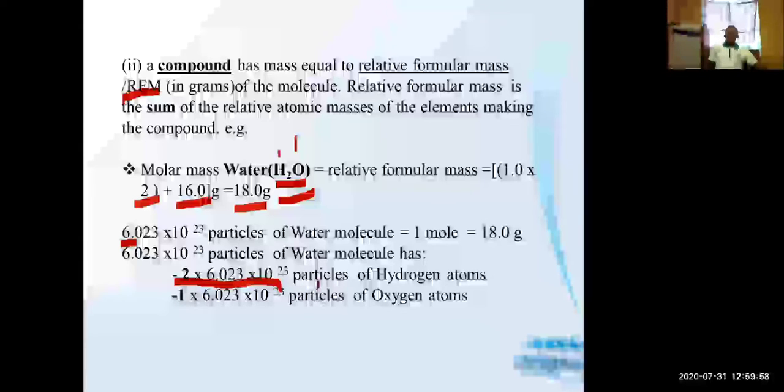Then you will be able to get the number of hydrogen atoms. Oxygen, the same, you multiply and you get the number of oxygen atoms in the water compound. So that is that.